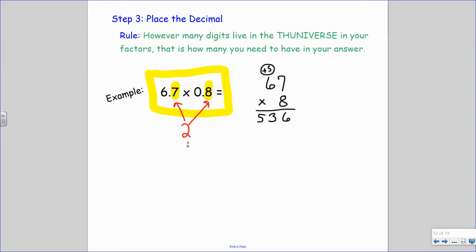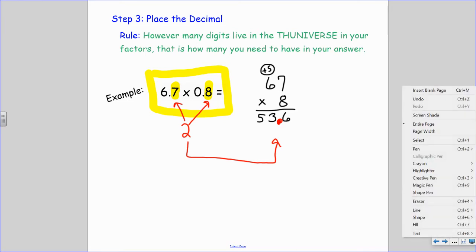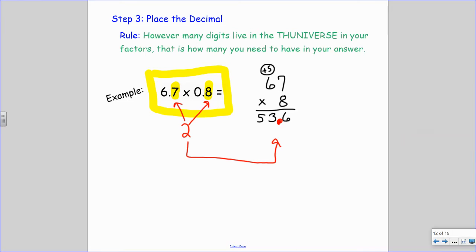Well, the same thing has to be true in my answer. I know the digits in my answer are going to be 5, 3, 6, but wherever I put that decimal point back in, it has to be in a place that's going to give me 2 digits in the decimal universe. So for example, if I were to put it here, that would only give me 1 digit in the decimal universe, the 6.